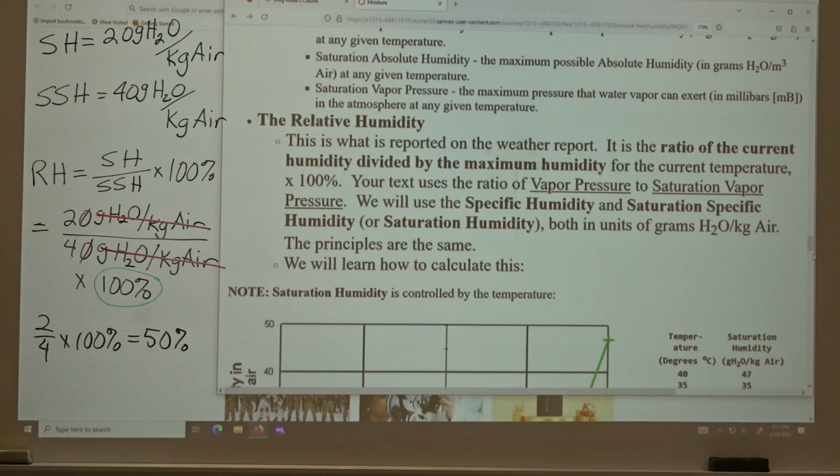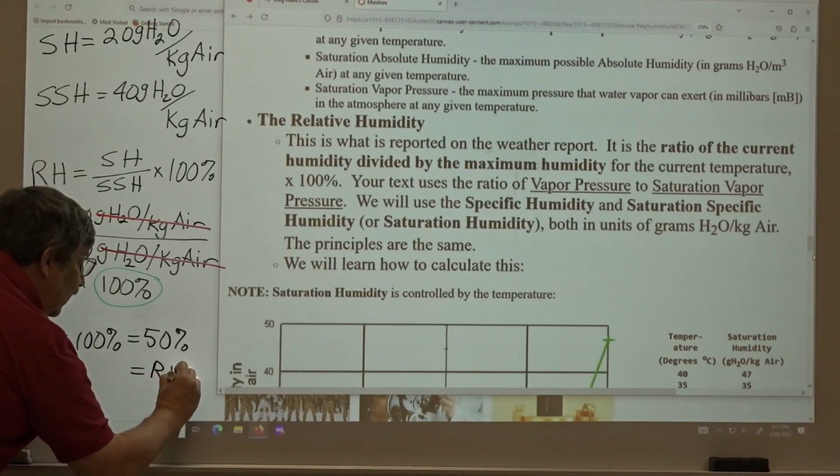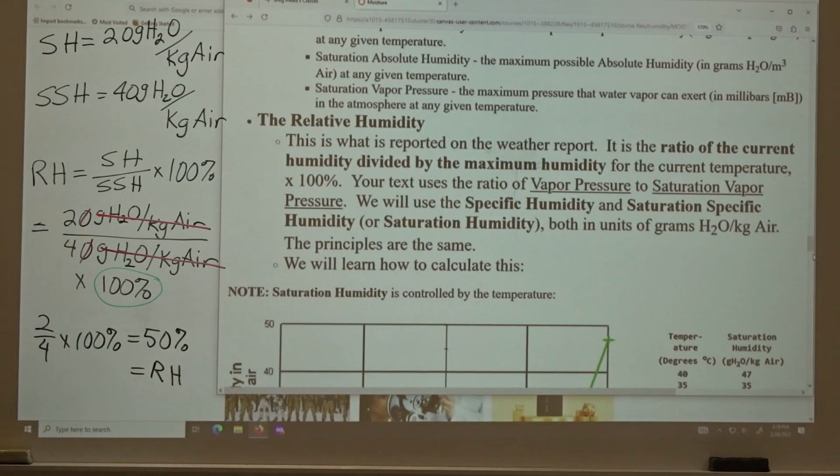And that's the relative humidity if we start with these numbers. Okay? So I want to go through a few examples of this to help you understand how to make these calculations and what will happen if conditions change.